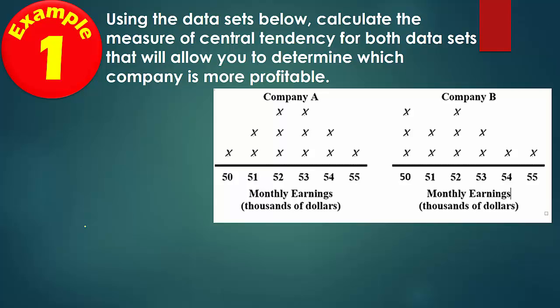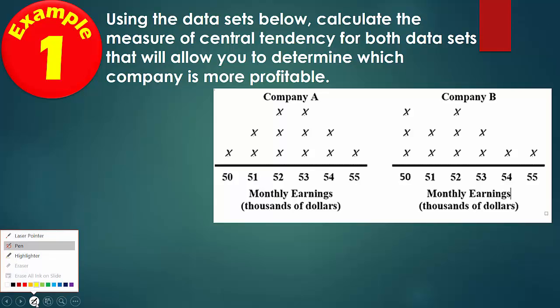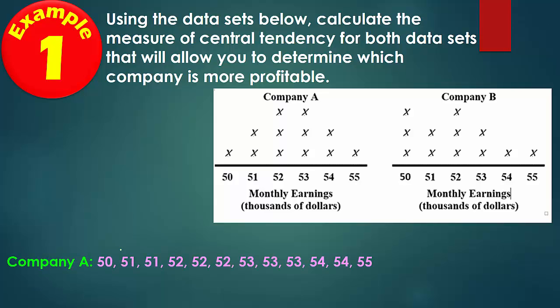So if we look at the median, okay, for company A, we take all of our numbers and we put them in order, so there was 1 50, there were 2 51s, 3 52s, 3 53s, 2 54s, whatnot, and I have 1, 2, 3, 4, 5, 6, 7, 8, 9, 10, 11, 12, which means that the 6th and the 7th, because now when you have an even number, you're going to have 2 numbers that are in the middle.